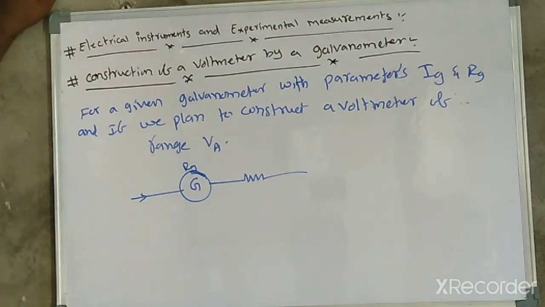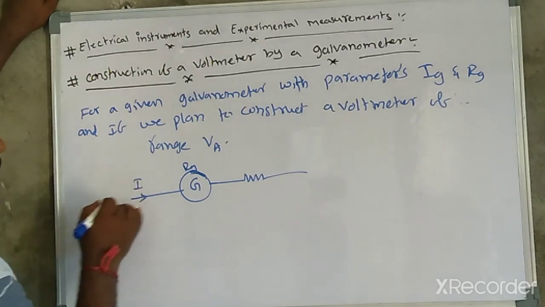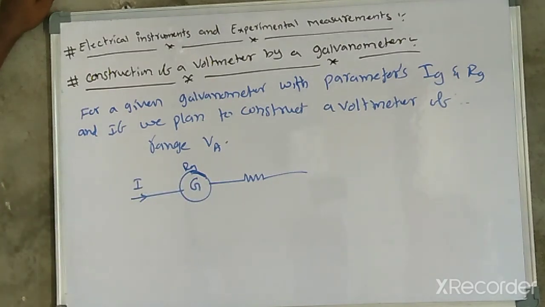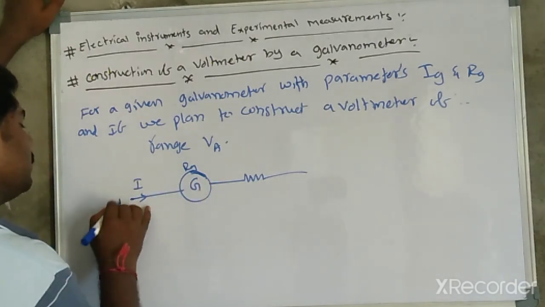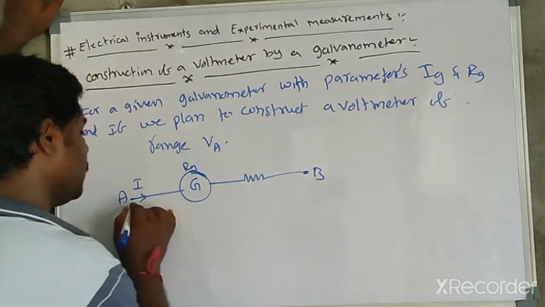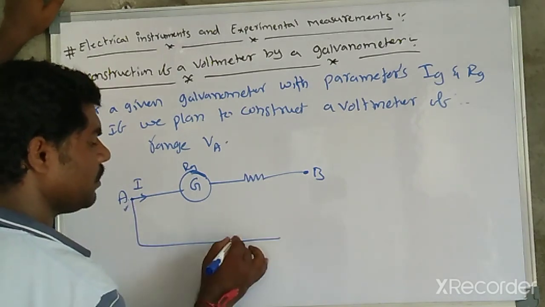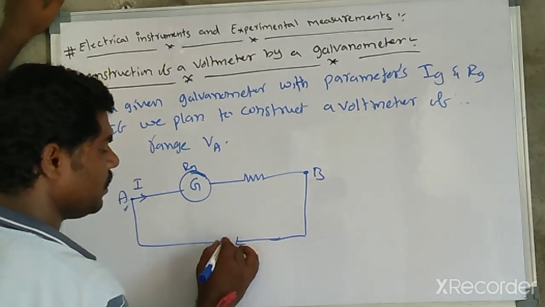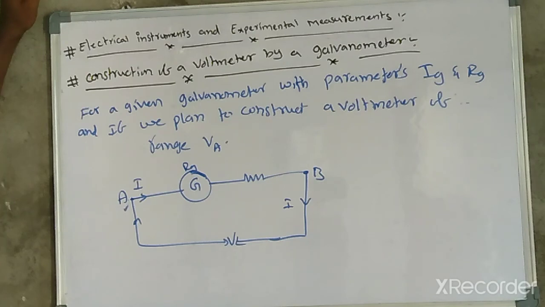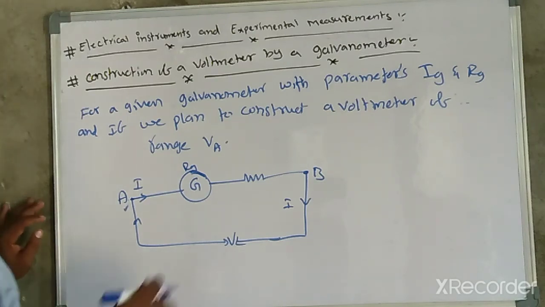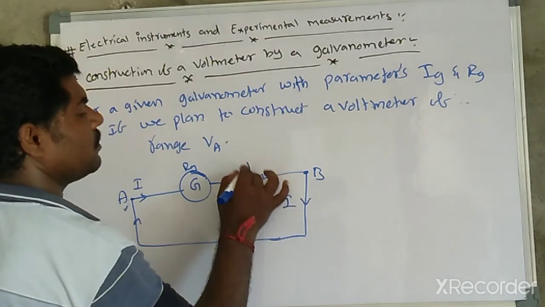Here the current passing through this one is already considered in this diagram, so here in this case Ig. This point I would like to consider A, and this point B. This one connecting the battery, I would like to consider battery V. This is the current I direction, in this one current I through this RH.